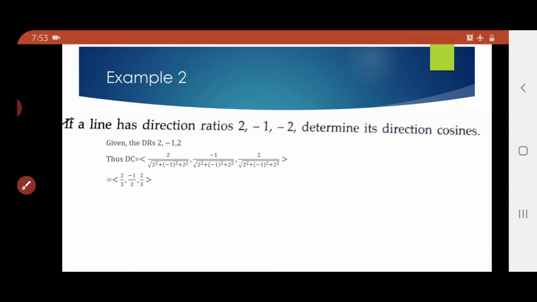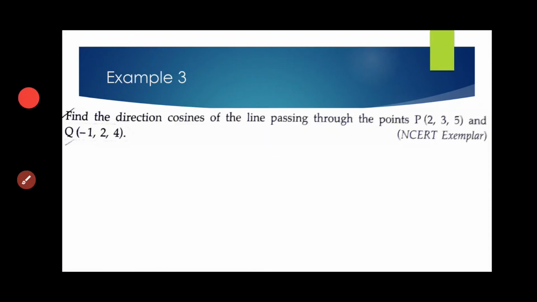Okay. Next, find the direction cosines of the line passing through the point P 2, 3, 5 and Q -1, 2, 4. So this is basically the same as finding the vector passing through the points P and Q. So therefore the direction ratios will be 2 minus of -1, 3 minus of 2 and 5 minus of 4.